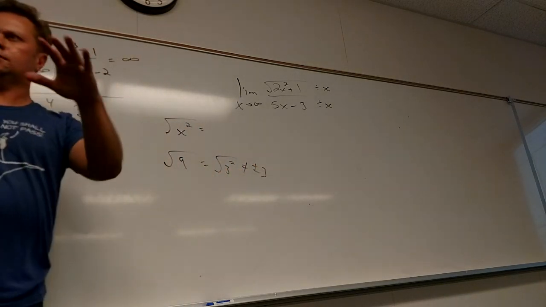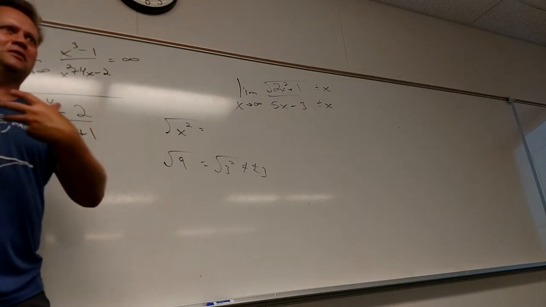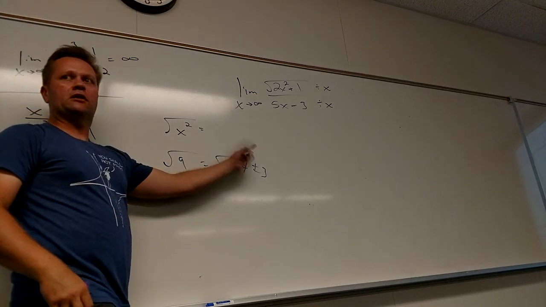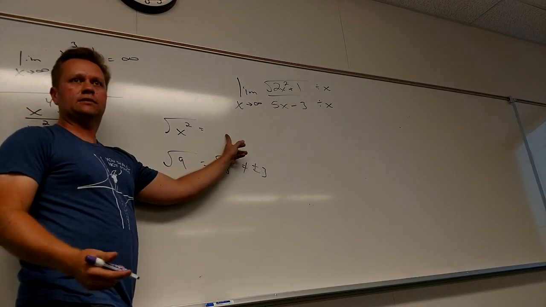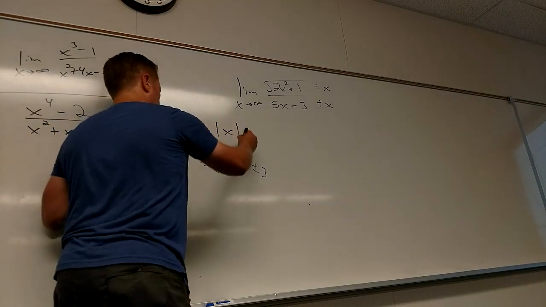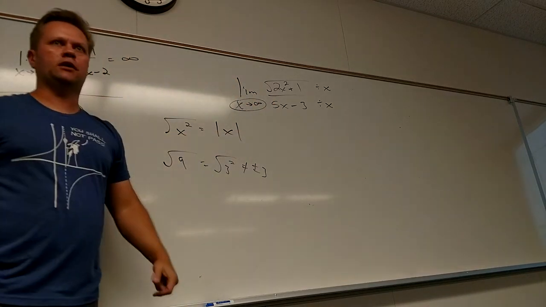Do you understand the distinction there? I'm not just being difficult. I've got to be a little more specific here. That's not the answer. It's not plus or minus. It's got to be positive, doesn't it? And what makes everything positive? Absolute value. Why am I not concerned about that? Because I'm using positive values for x, right?